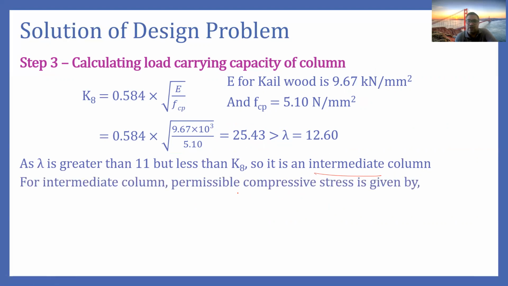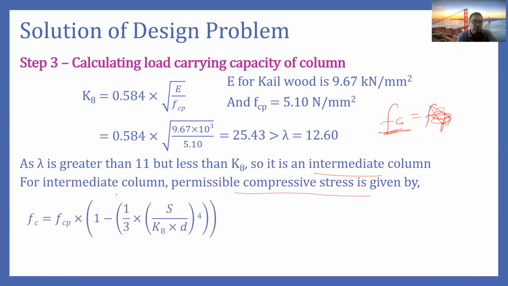Therefore, we now have to find the permissible compressive stress for an intermediate column, because in the short column, we used to have FC equal to FCP, but in an intermediate column, it is not equal to FCP. We have to calculate this FC value by using the relation that we discussed earlier. So this is the relation. In this, we put all the values: FCP value, S value, D value, K8 value.